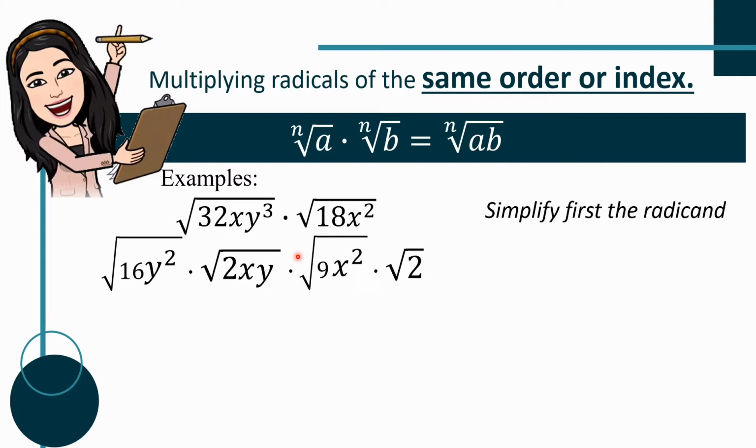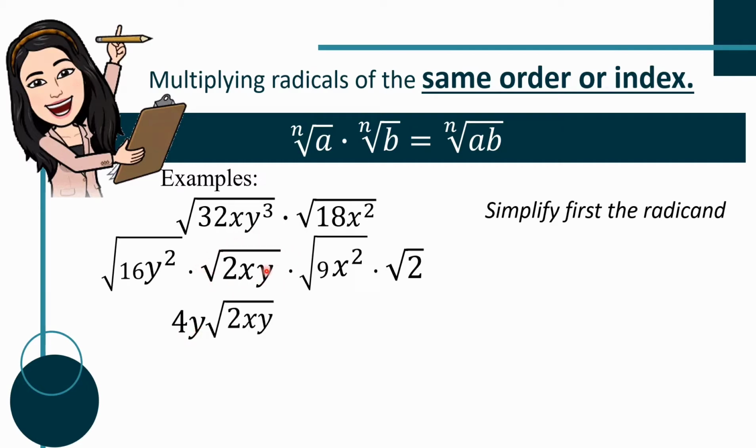Now, after getting them, we simplify or extract the root of our perfect nth root. So, we have 16y squared, let us take its square root since we can still simplify it. The square root of 16 is 4. Right? The square root of y squared is y. So, we have 4y. Then, what do we do with the already simplified part?